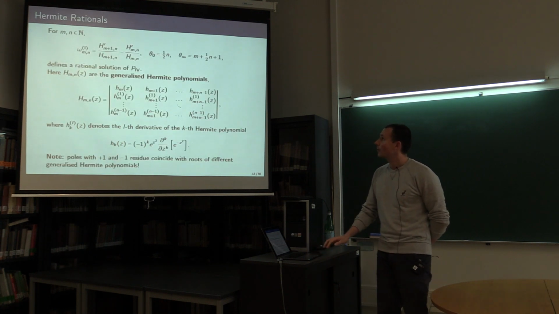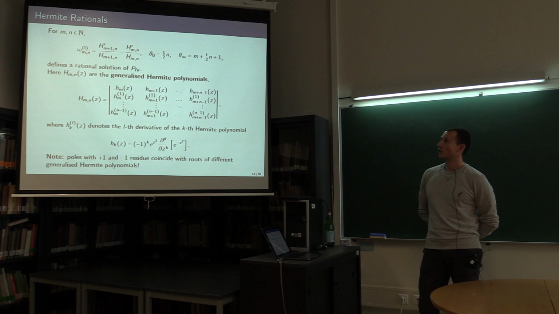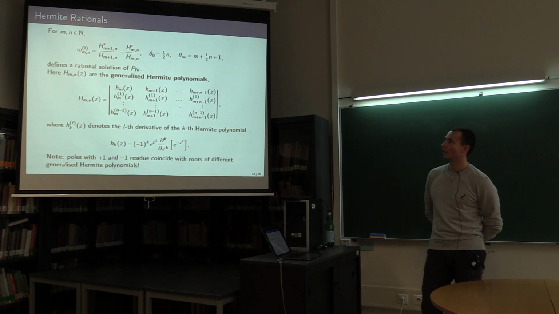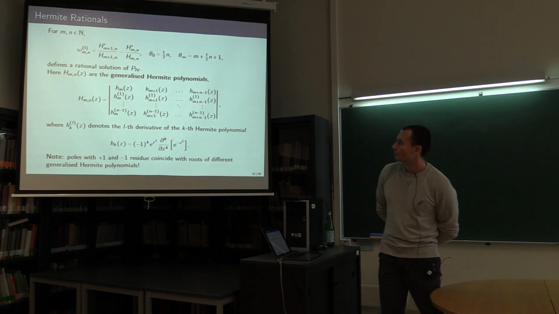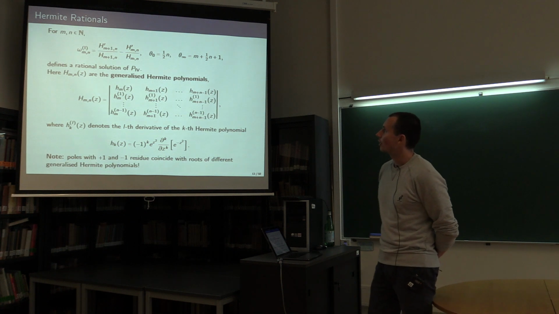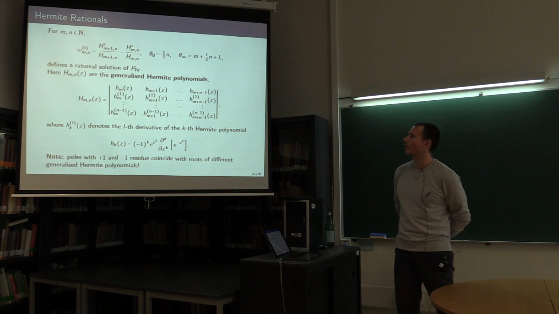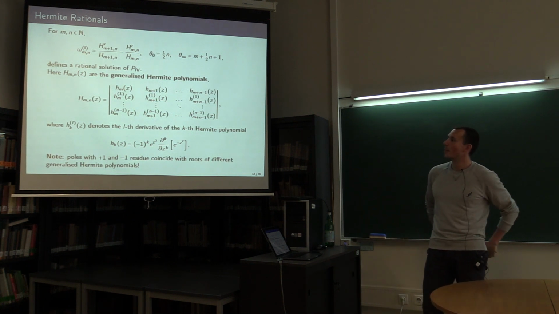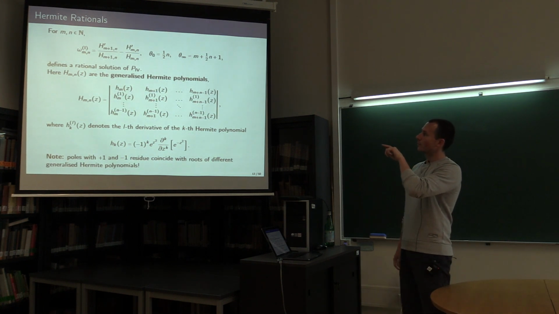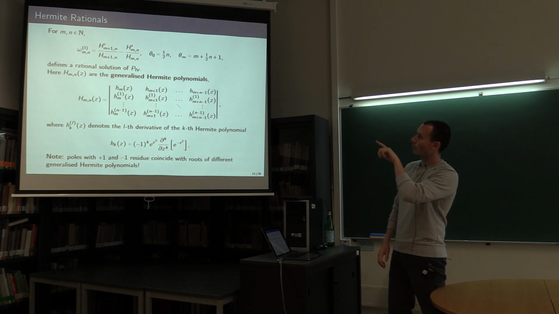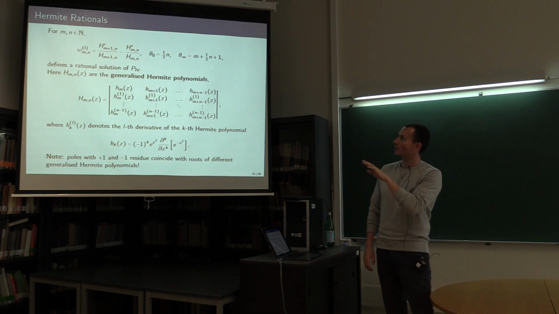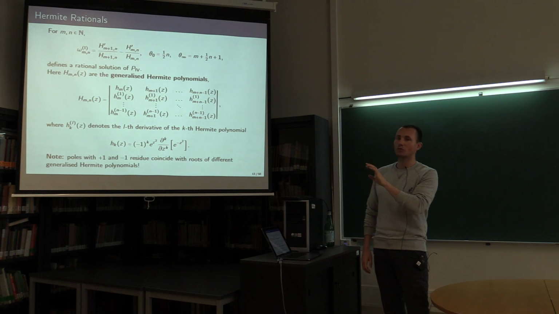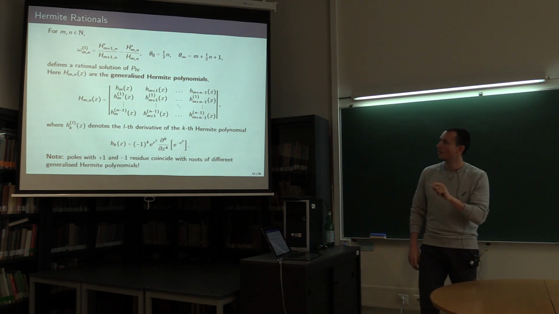When we're looking at rational solutions, and particularly rational solutions of Hermite type, we're looking at a countable family of rational solutions. They are indexed by two integers, m and n. This rational solution, omega mn, is the difference of the logarithmic derivatives of two generalized Hermite polynomials.